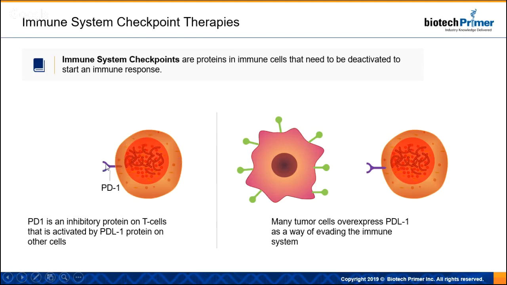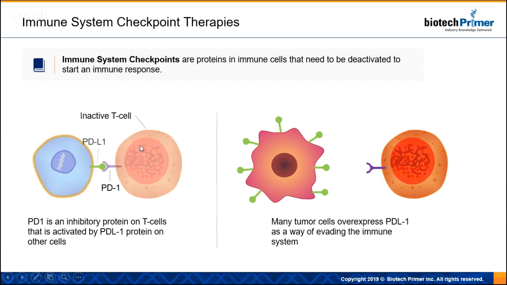When PD-1 is activated, it sends an inhibitory signal to the T cell, shutting it down, telling it not to attack. The thing that will activate PD-1 is a protein called PD-L1 on the surface of all of our healthy tissues.